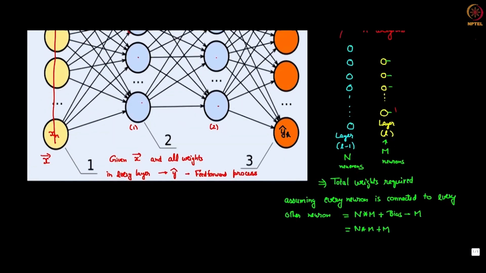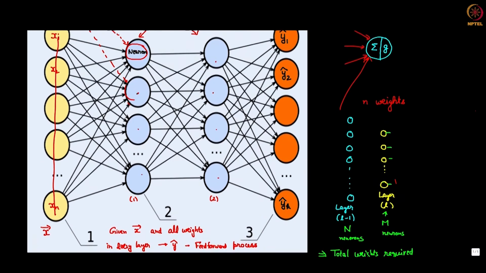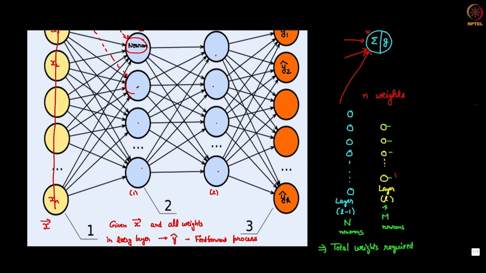Such a network where all neurons are connected to every other neuron is called a fully connected network. In the general case, you need not always have all connections active.